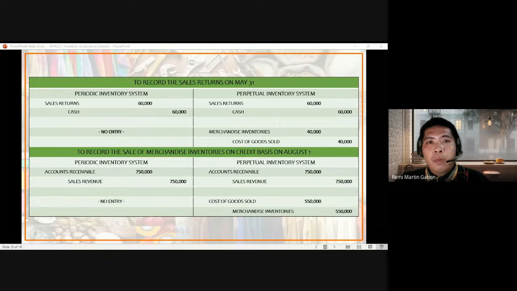But in addition to perpetual system, we recognize the receipt of the merchandise, then simultaneously decrease the amount of cost of goods sold, signifying that there is a canceled sales revenue because of the sales return. So debit merchandise inventories, then credit cost of goods sold, thereby decreasing the cost of goods sold.